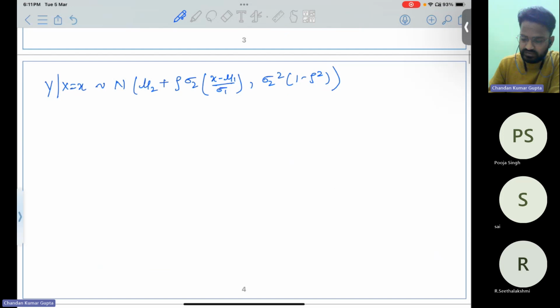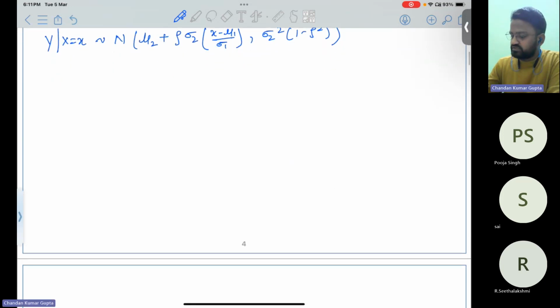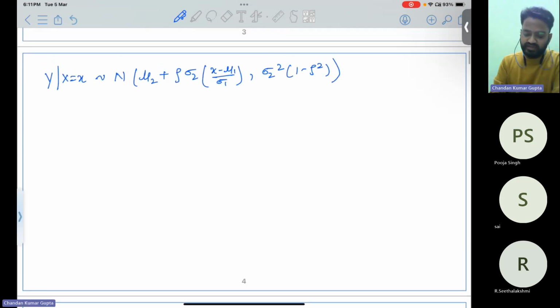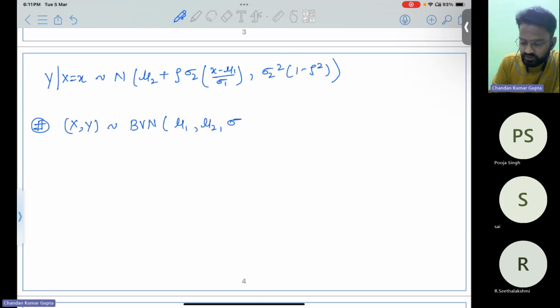Then after that, suppose we have written that (x, y) follows a bivariate normal distribution with mu1, mu2, sigma 1 square, sigma 2 square, and rho. These are the parameters for the bivariate normal distribution.